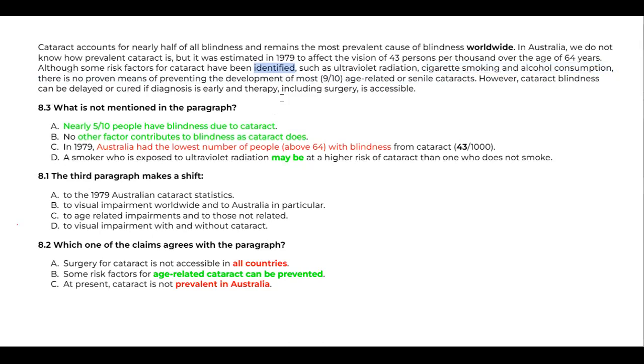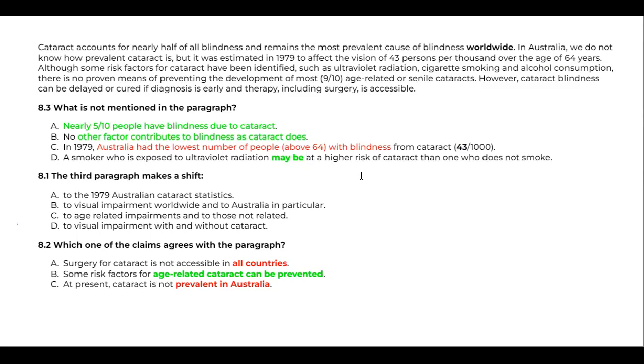But what I was thinking was which was not completely in that paragraph, so I was choosing D. I was having a doubt in C also, sir, because Australia has the lowest number. So I'm having doubt with C and D. But in the D option, a smoker who is exposed to ultraviolet radiation is completely not there, sir. So I was conclusive about D. But after you discussed, I am clear about the numbers.